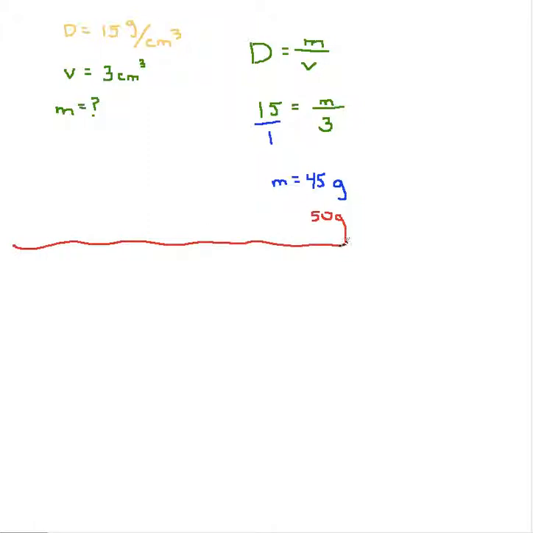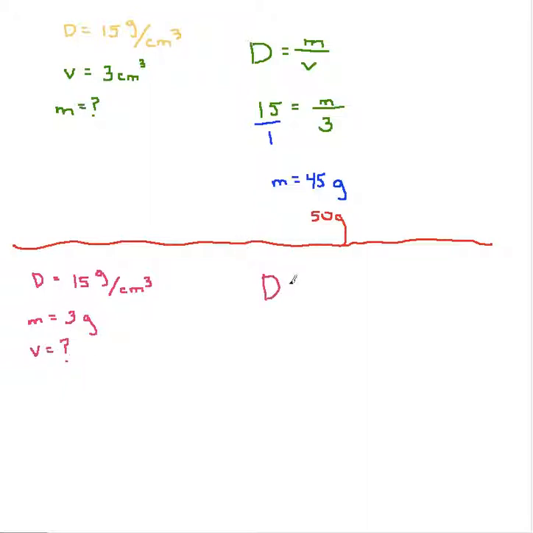Let's try a problem where a little bit more math skills are required. So what if I'm asking for volume? So I give you the density equals, let's keep the same thing, 15 grams over centimeter cubed, but this time I tell you that your mass is 3 grams. And I want to know what your volume is. So what you're going to do, again, plug and chug.